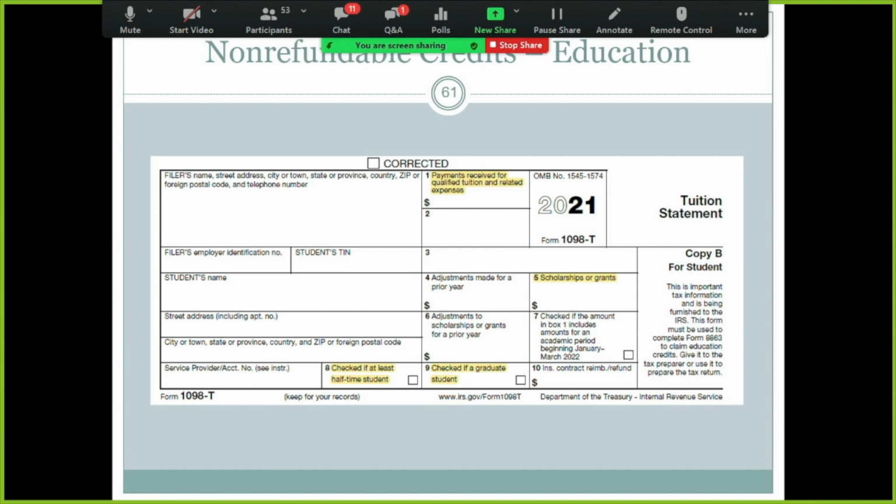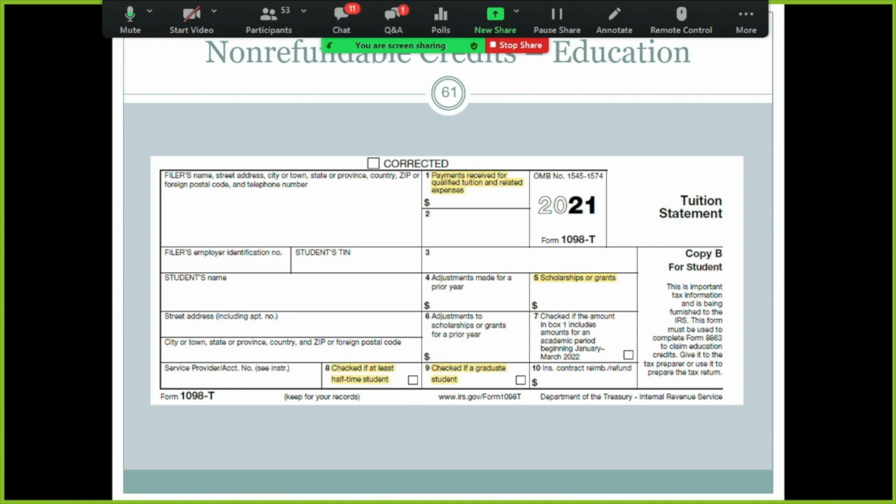Now, how do we get this information? It's from the Form 1098-T. This is what it looks like. And again, you have to have the school's identification number. You will see an amount in box 1 as payments received for qualifying tuition and related expenses. And note, it says tuition and related expenses. It does not include room or board.